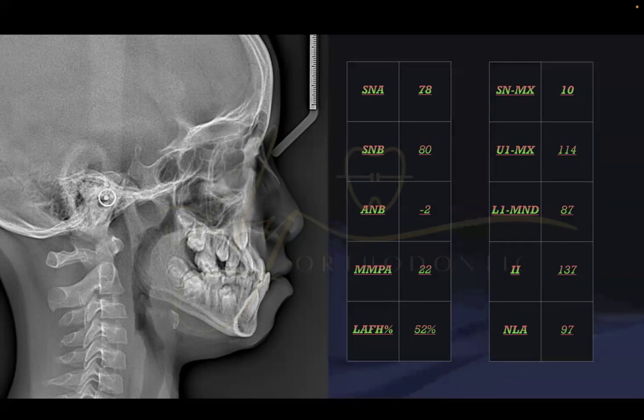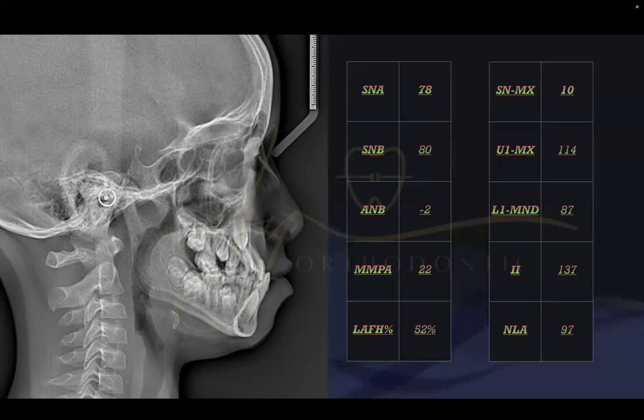I cannot recall it now. Okay, what is RCP? Retruded cuspal position. Intercuspal position, okay.